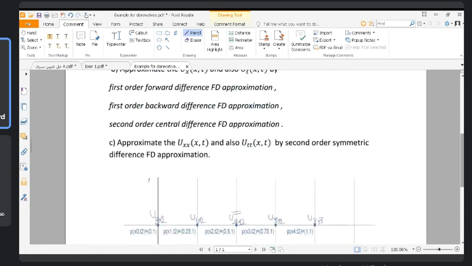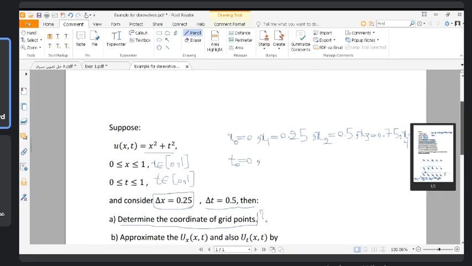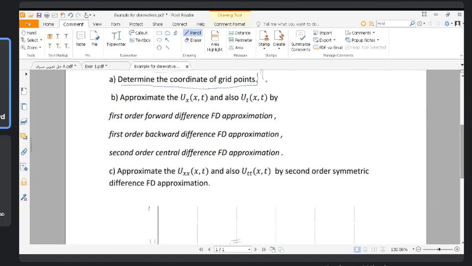U equals x squared plus t squared. Okay? It's okay? U21 means u at x2 and t1.